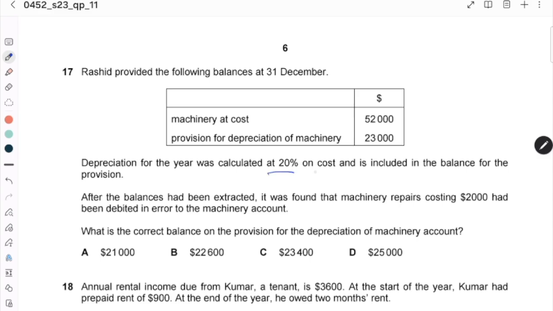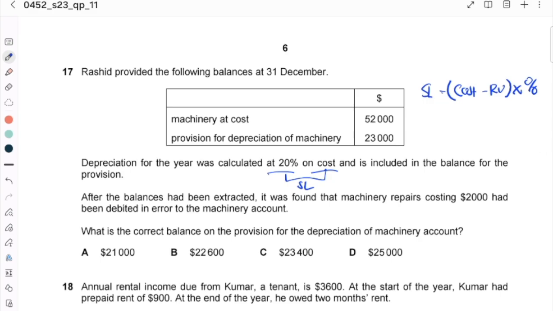Depreciation for the year is 20% on cost, so they are using straight line. Straight line method equals cost minus residual value times percentage. Okay, and it includes the balance for the provision.